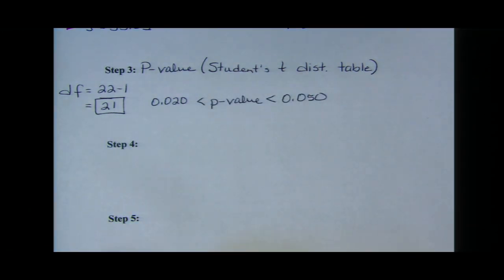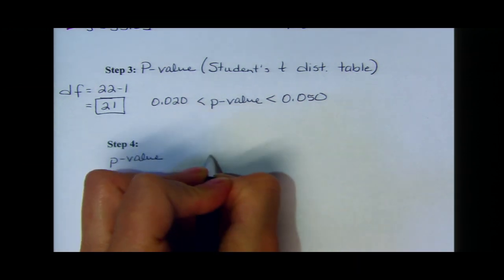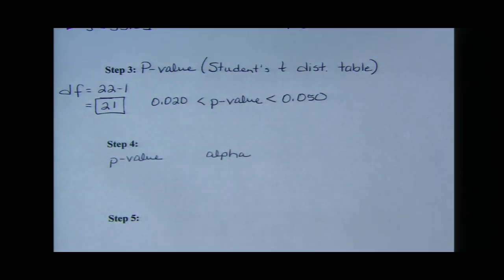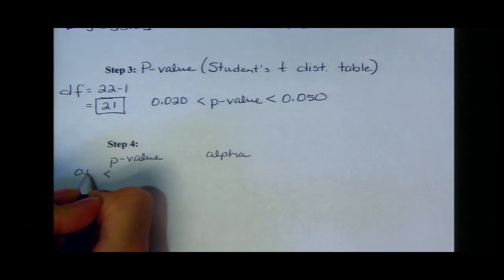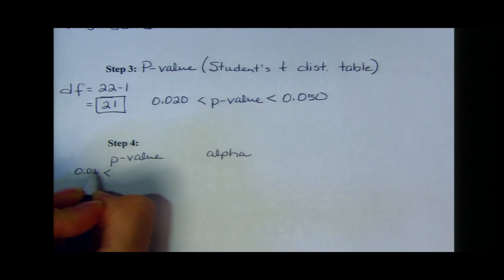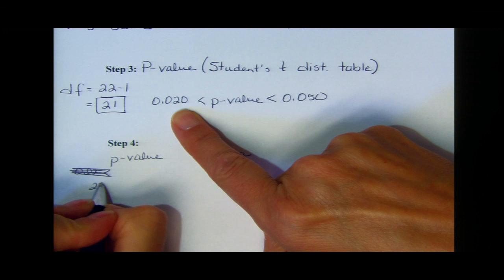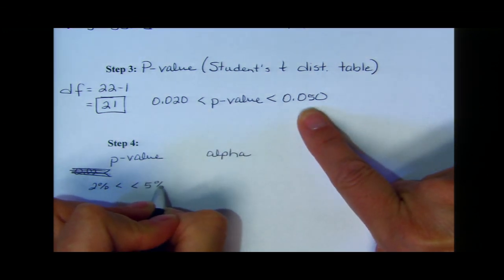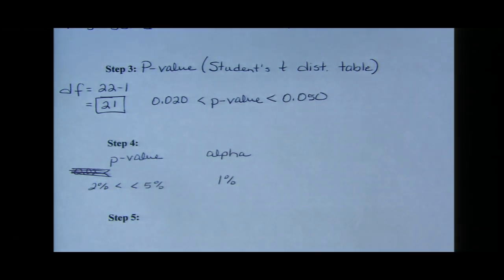So now we're going to compare the p-value to alpha. Comparing the p-value to alpha is just a little bit more involved here because the p-value was between, well, I'm going to write that as a percent. So 0.02, I'm going to write 2%. 0.05 is 5%, and alpha is 1%.